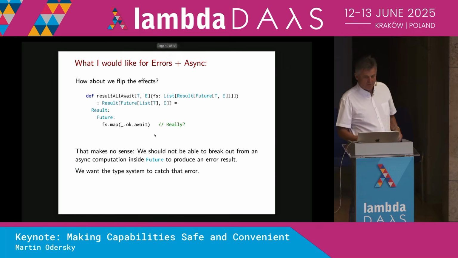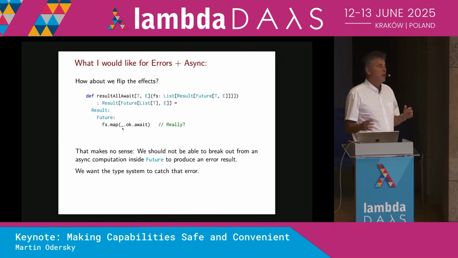No, it makes no sense, because here this result says, well, when I go through the list and I find that it's not okay, I want to return an error here. But in the success case, I want to return a future. But I know this only after the future is already running.